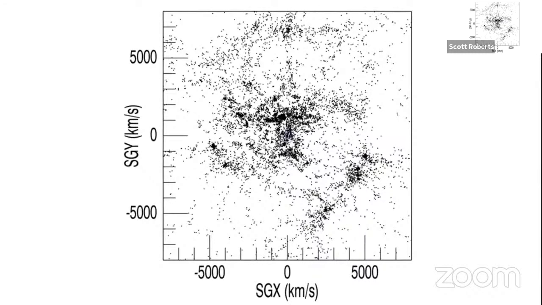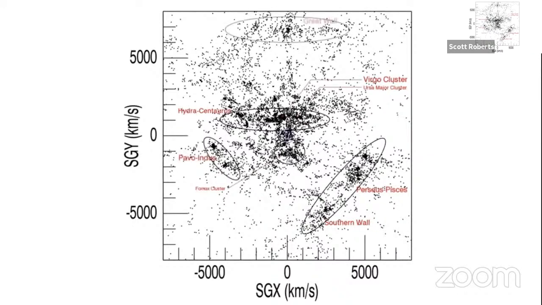The most prominent feature is the crowding of galaxies in a horizontal band just above center, running left to right, from Hydra-Centaurus through the Virgo cluster to the Ursa Major cluster and beyond. Other prominent features include the Fornax cluster region, Perseus-Pisces, and the southern wall Pavo-Indus and a slice through the Great Wall.